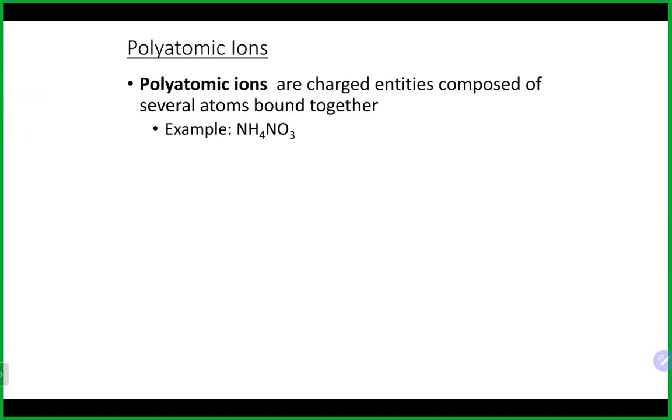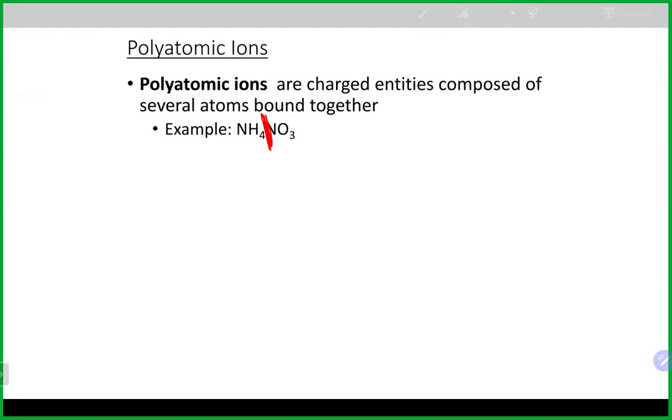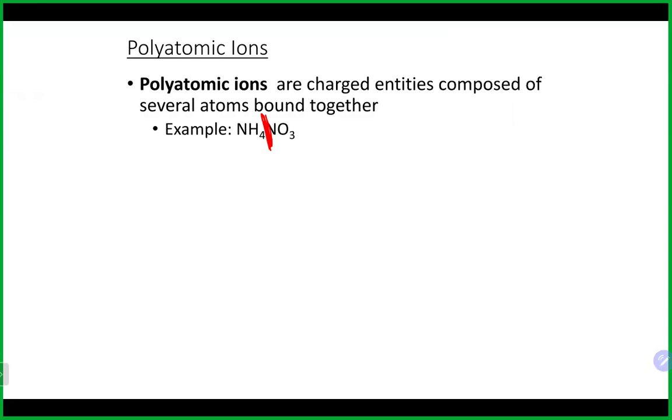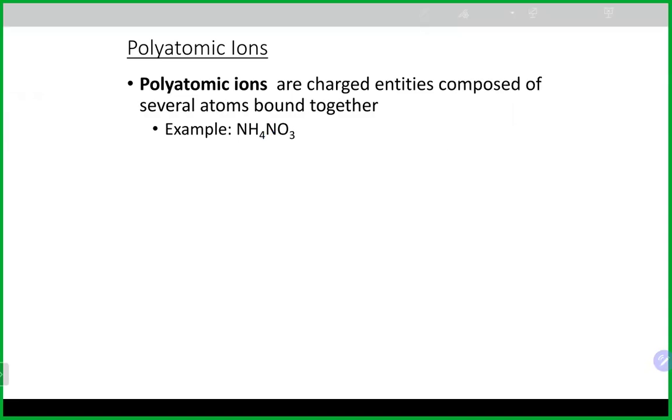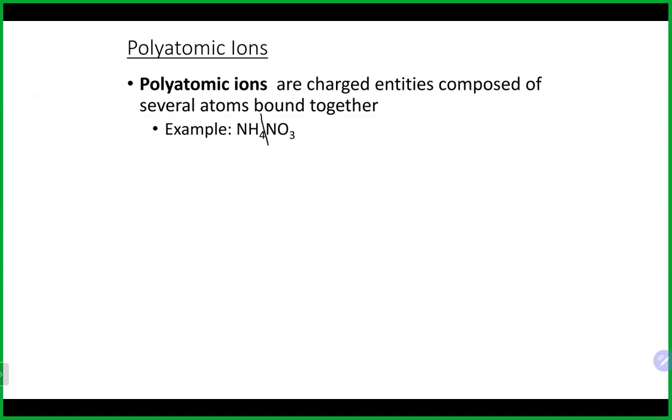For example, if we take this guy right here, NH4NO3, and we put a line between those two spots right there, we actually have 2 different polyatomic ions in this particular case. Going this way, we have a nitrogen and 4 hydrogens, and that entire thing has a +1 charge.